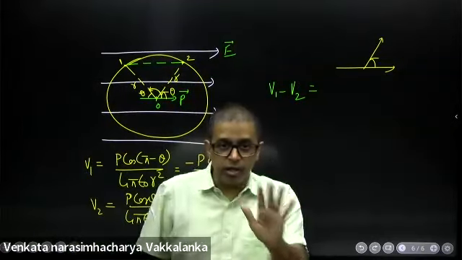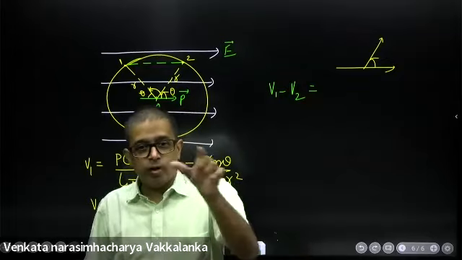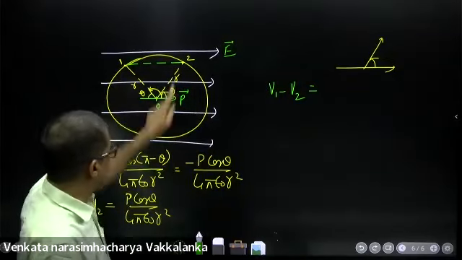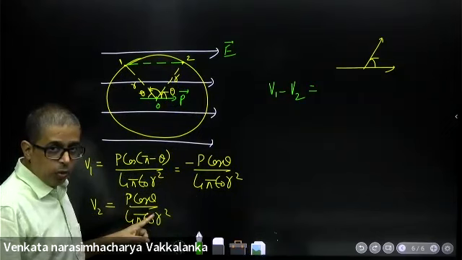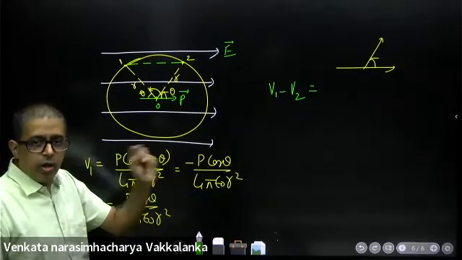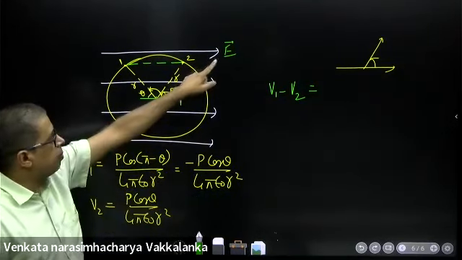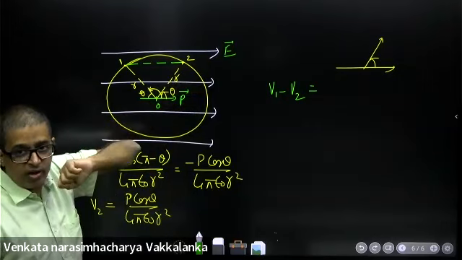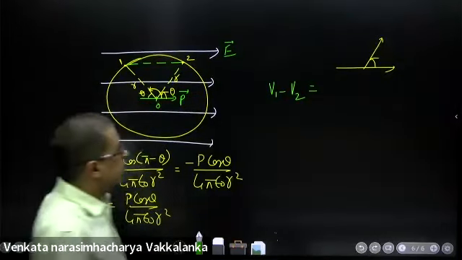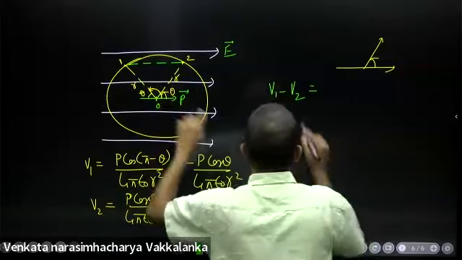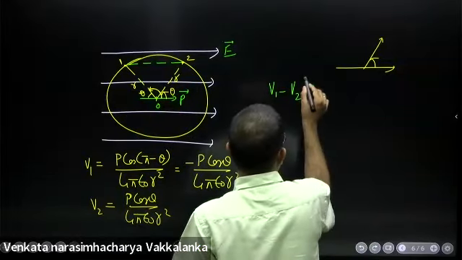You want the potential to be 0. That means the potential difference between these 2 points generated by the dipole should be cancelled out or balanced by the potential difference generated by this field. Right?